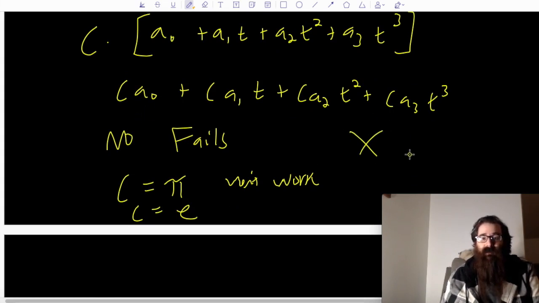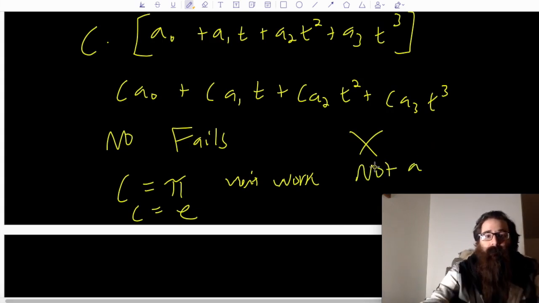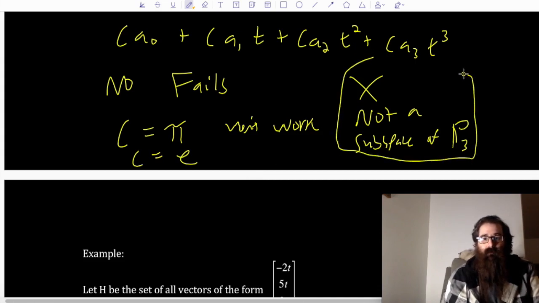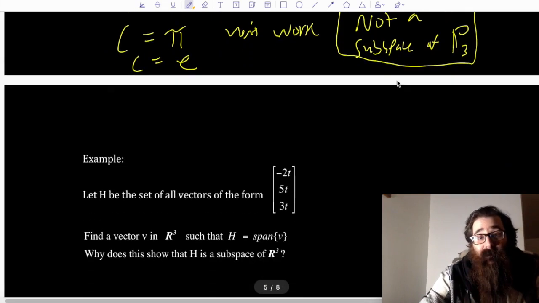So unfortunately, this is not a subspace of polynomial space P3. Sad face. Oh, that's a happy face. Make it a sad face. Depends on how you feel about subspaces, right?